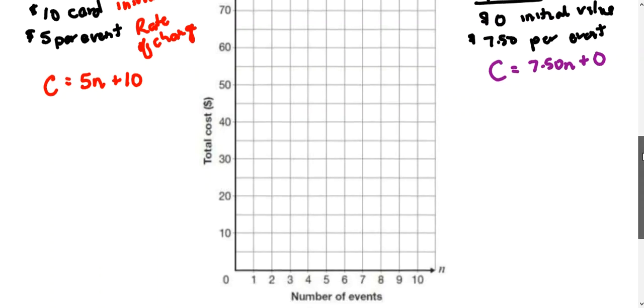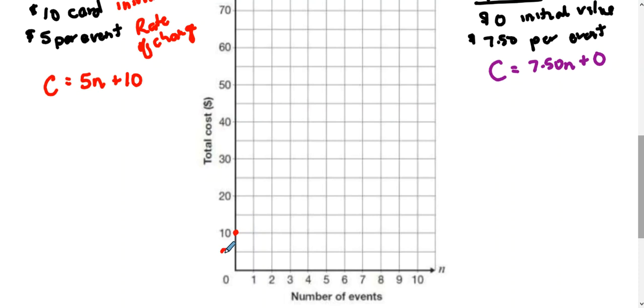So I've got two equations here, and what you can do with this can look a little different. Some people can graph this and put it right on the chart right away. For example, we know it starts at $10, and for every step that we go across, we go up another $5.